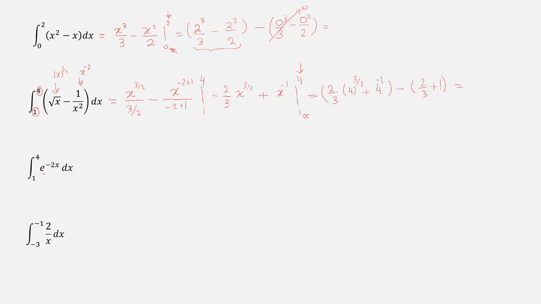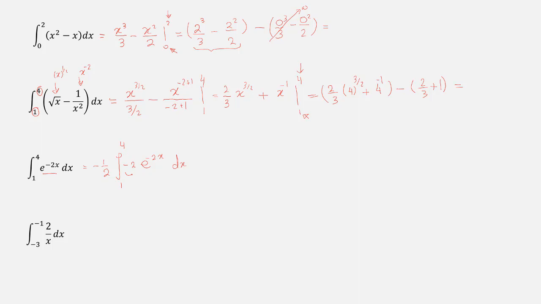After that we have e raised to minus 2x integrated from 1 to 4. This integration needs to be multiplied by negative half from outside and negative 2 from inside: e to the negative 2x dx from 1 to 4.